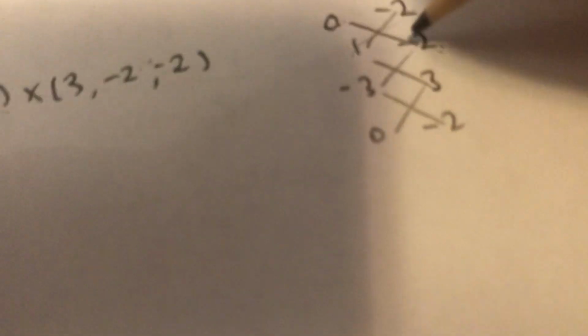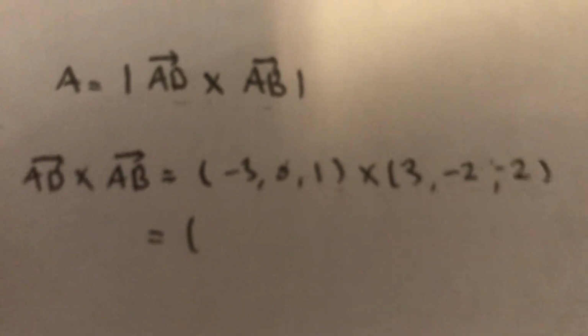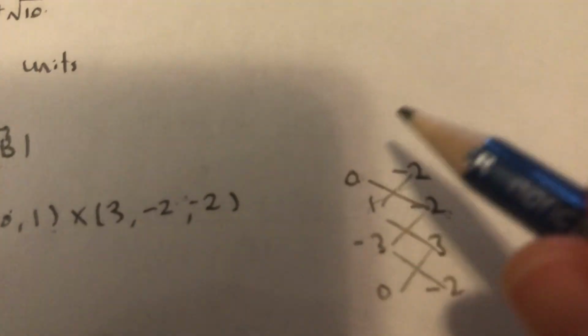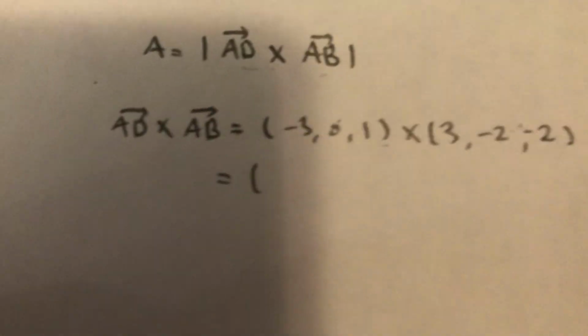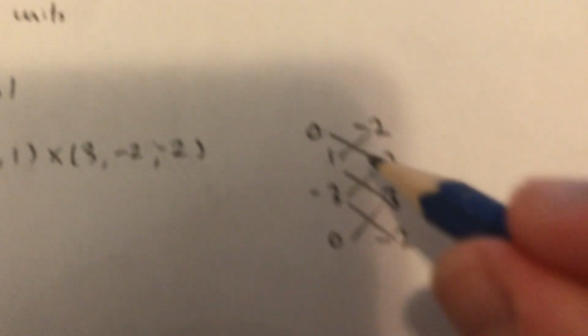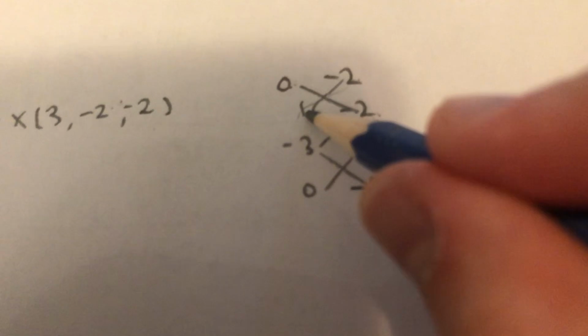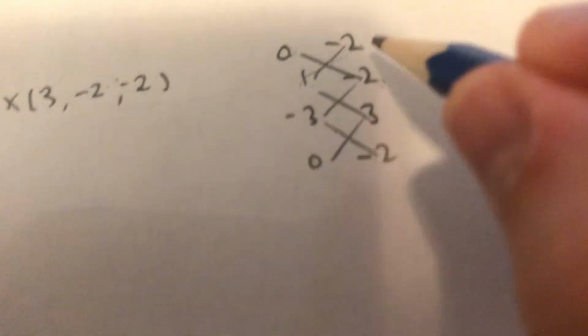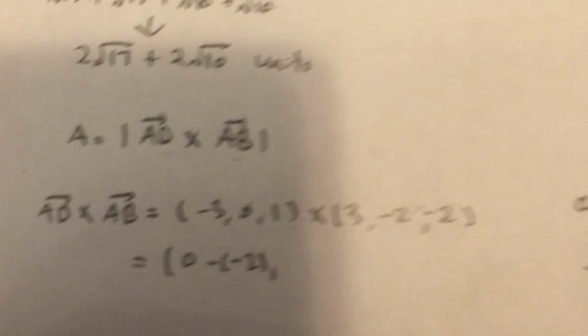So 0 times -2 is 0. Or sorry, we don't want to add them, we want to subtract them. So 0 times -2 gives us 0, and then we subtract 1 times -2, which is -2, so subtract -2.